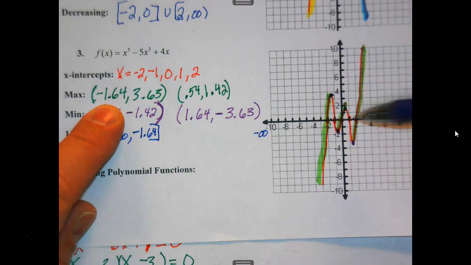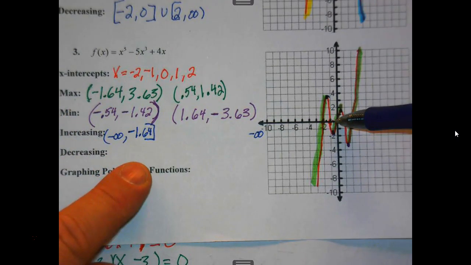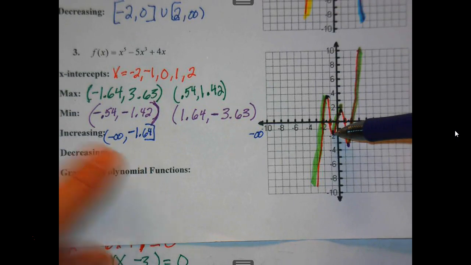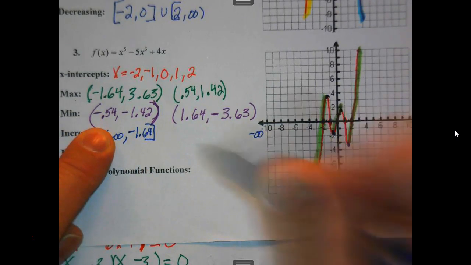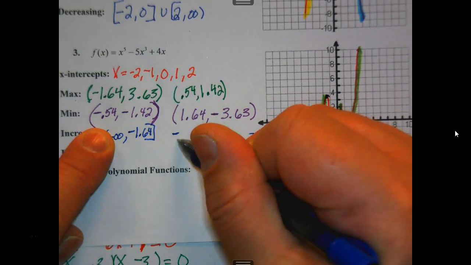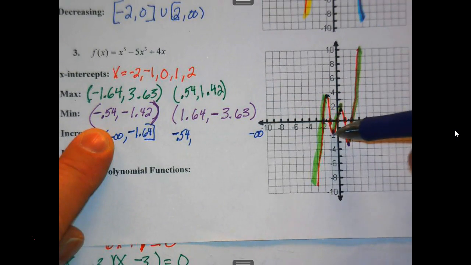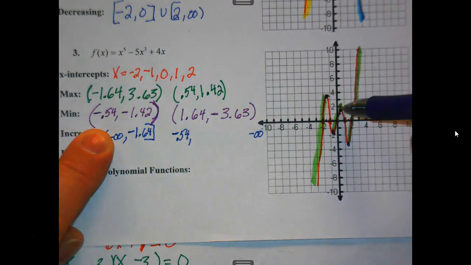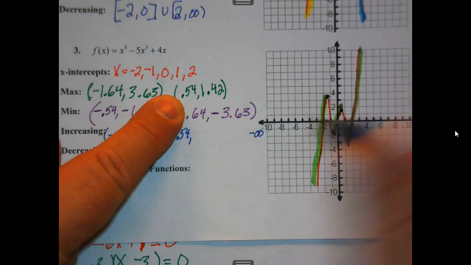Okay. Then it starts increasing again at the x value of my minimum. The x value of this minimum is negative 0.54. And then it keeps increasing to the x value of this maximum, which is 0.54.